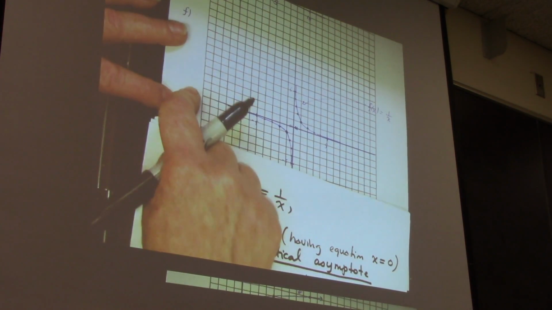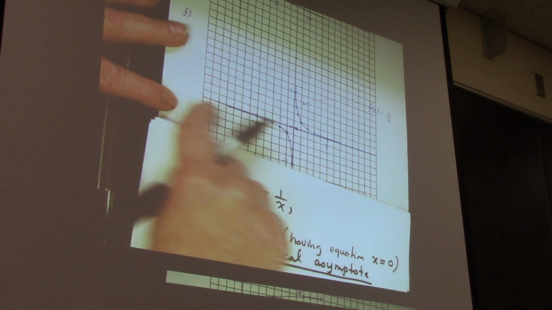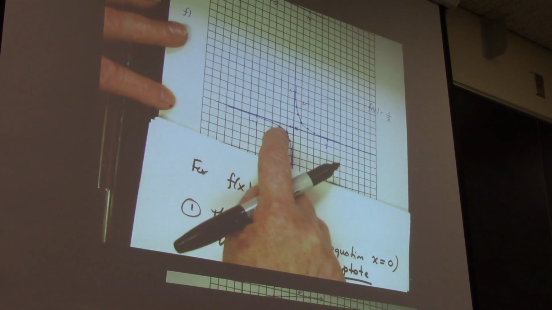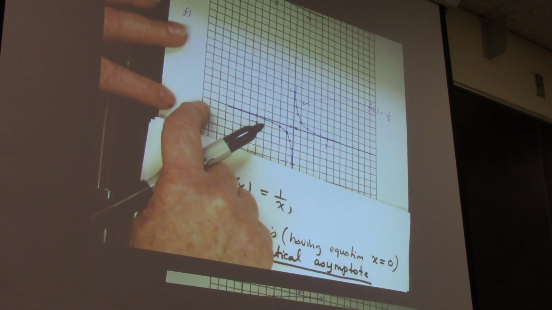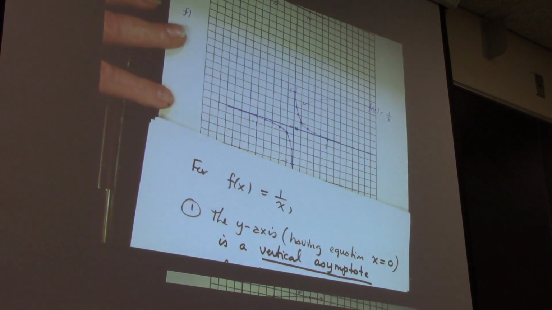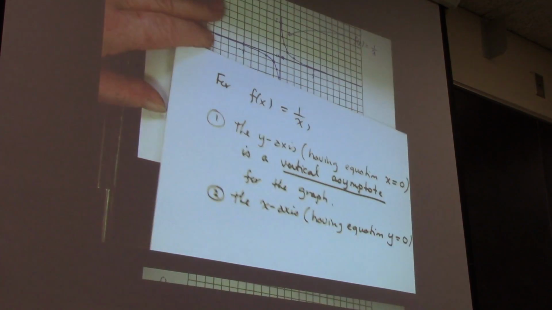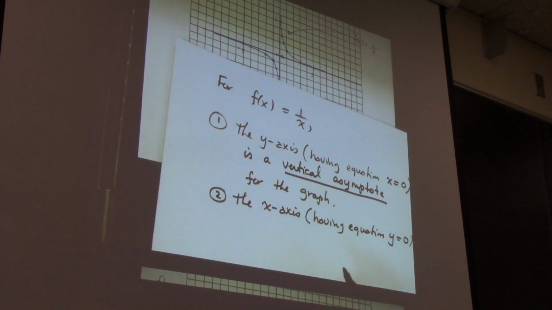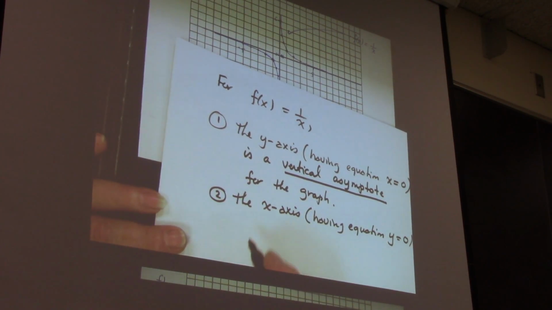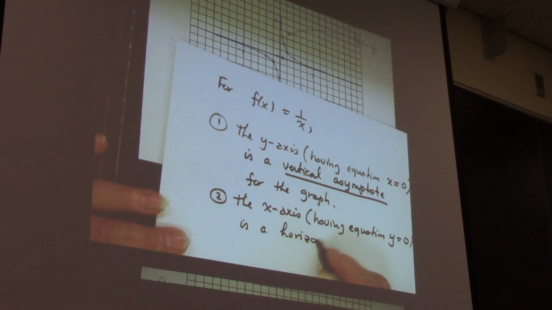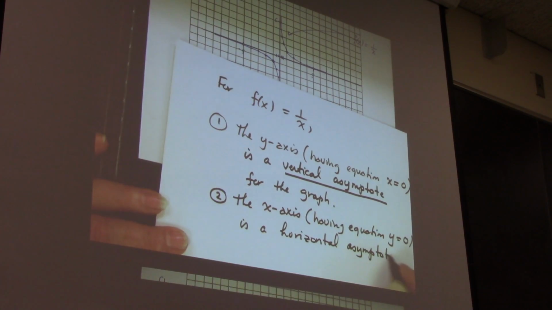And similarly over here, as x gets really large in this direction, the graph gets closer and closer to the x-axis because the y's are getting closer and closer to 0. I think I'll wait until later to give us the actual notation, but the x-axis, with equation y equals 0, is a horizontal asymptote for the graph.